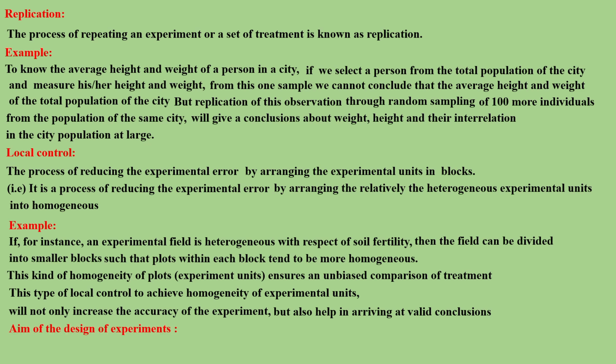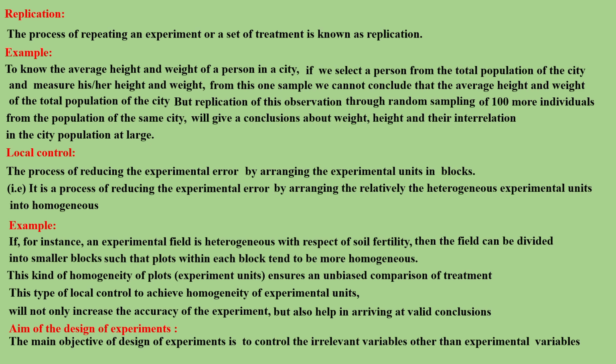That is it. Next, the aim of the design of experiment. The main objective of design of experiment is to control the irrelevant variables other than the experimental variables. So if you want to check the output of paddy from a paddy field, the treatments should be variables: soil nature, fertilizer, rainfall, other climate, everything is involved.